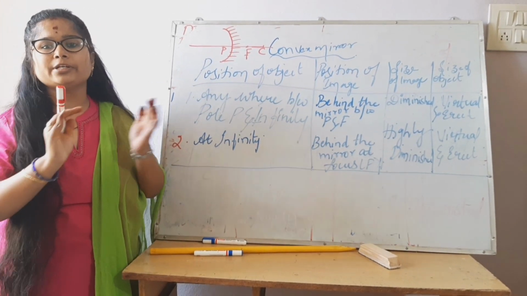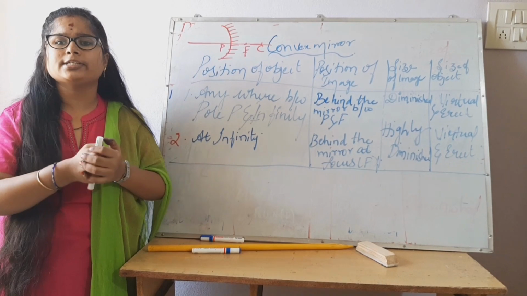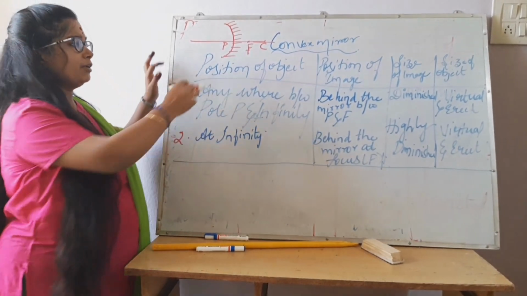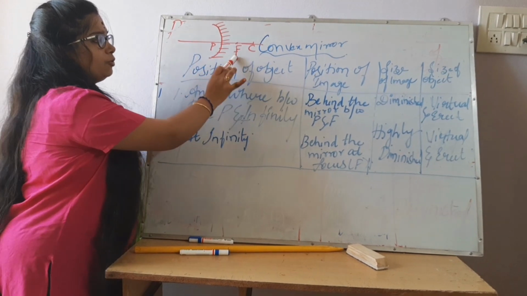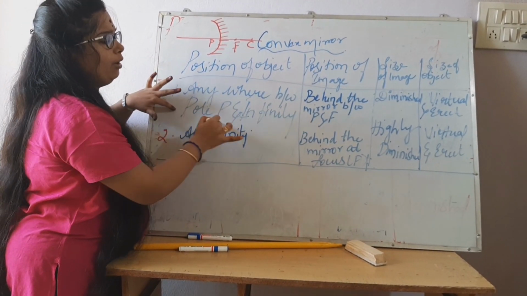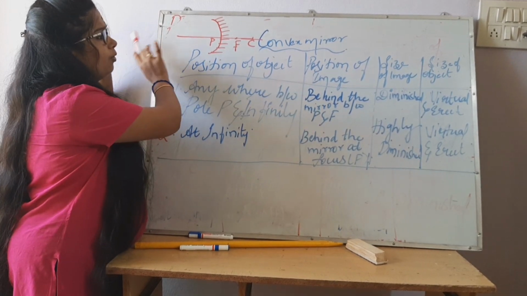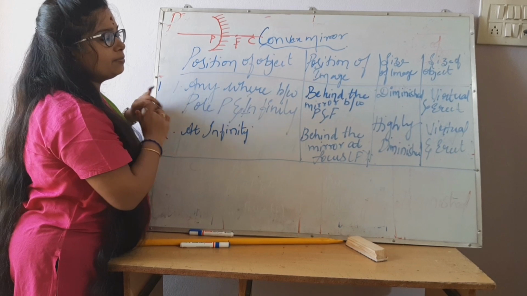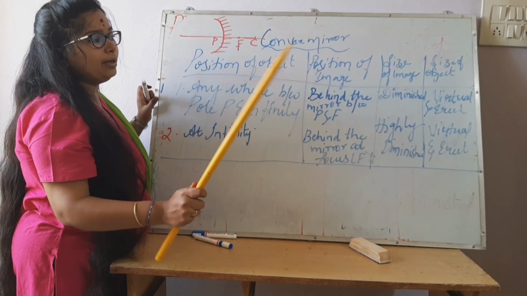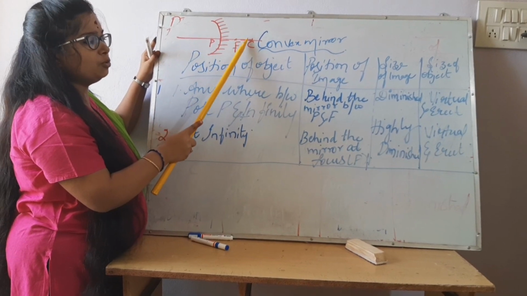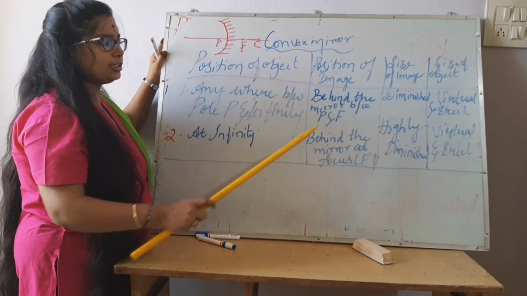In the convex mirror you are going to see now, only 2 cases are important here. Let me show you that. This is the convex mirror, isn't it? This is the pole, this is the focus, this is the center of curvature. Anywhere between the pole and infinity, if I keep the object somewhere here, after getting reflected, when the 2 rays meet, that is called the image.